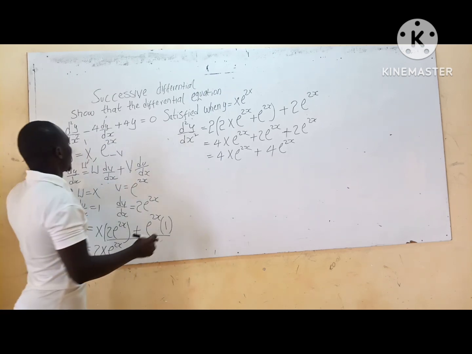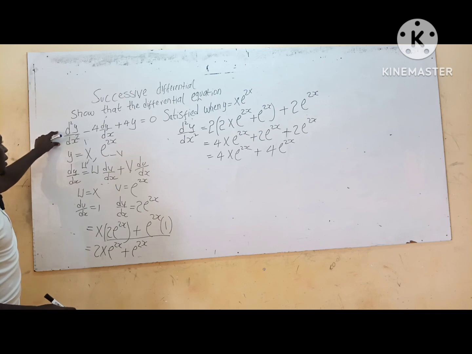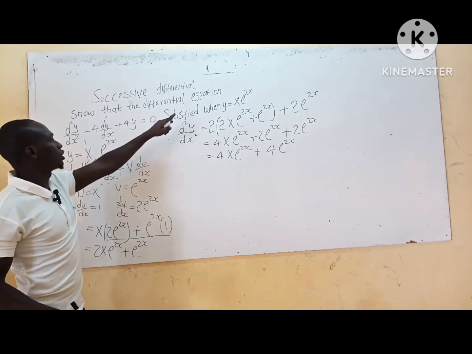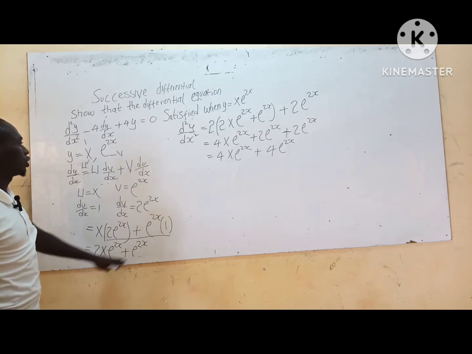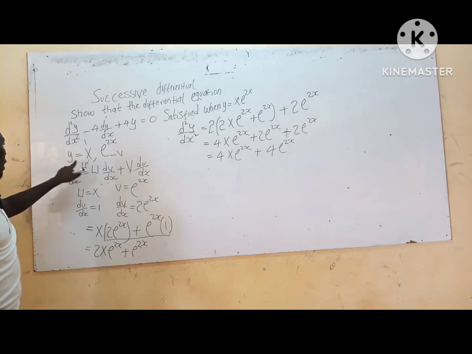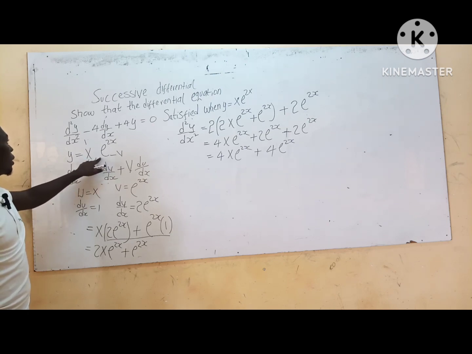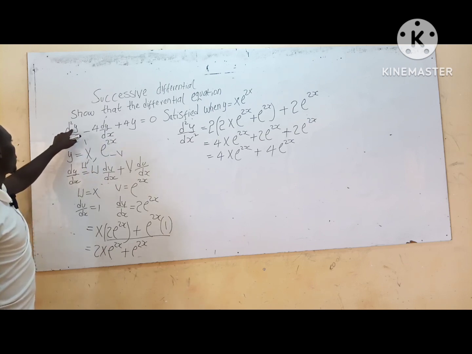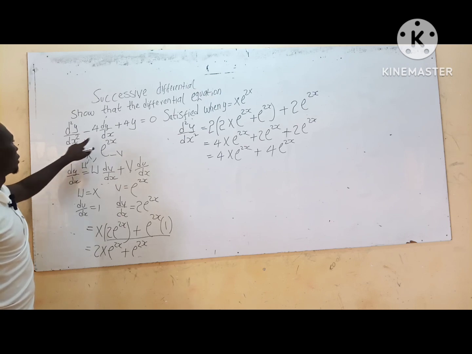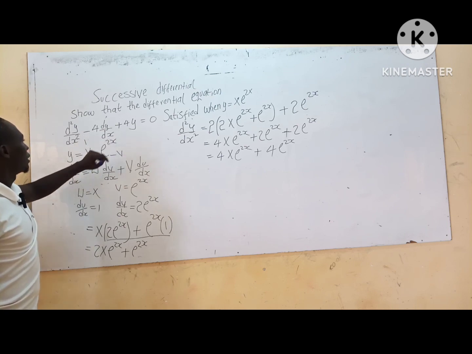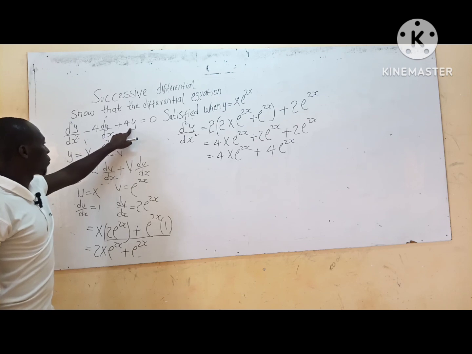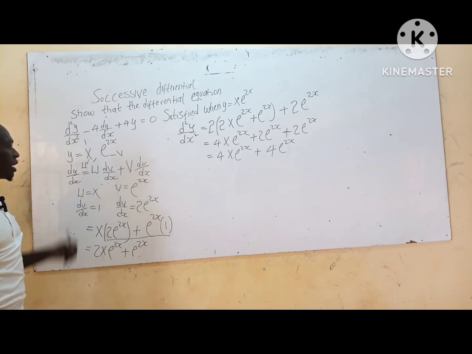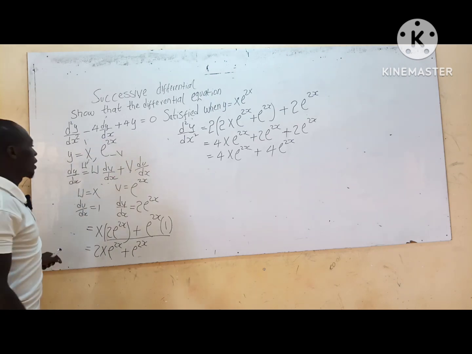Because here, when we check, it is said that we show that the differential of this, that differential, and a term of y, when we replace them with d squared y over dx squared, dy over dx and y, it should be giving us a 0. Now let us have that replacement.